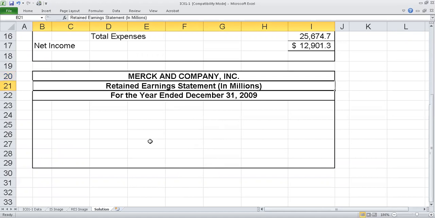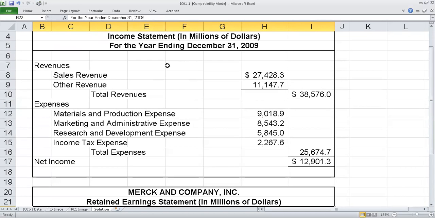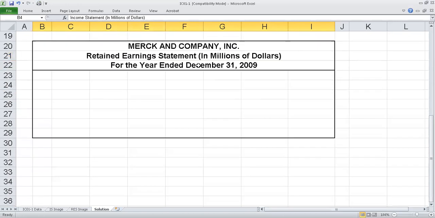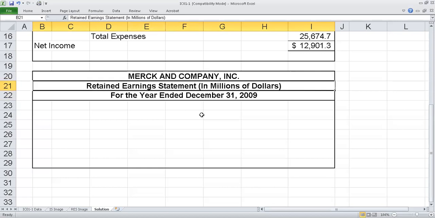We have the name of the statement. And again, in the case of Merck, the modifier in millions of dollars. Since I did it in millions of dollars here, I should probably be consistent here.